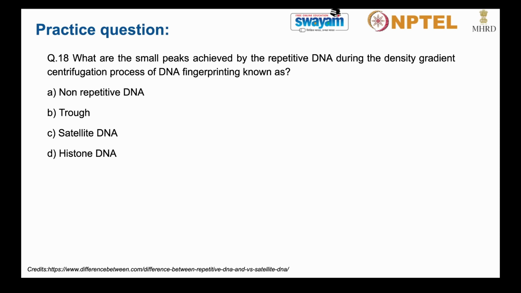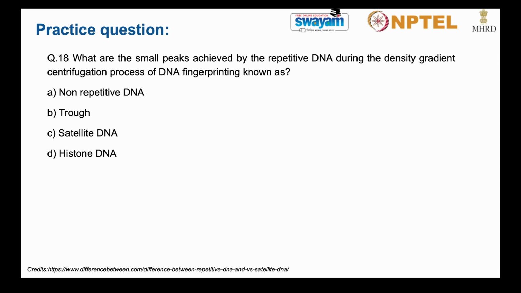So the first option is non-repetitive DNA, option B is TRUF, option C is satellite DNA, and option D is histone DNA. So can someone answer? Okay. So many students are confused. Okay, no problem. We'll see.